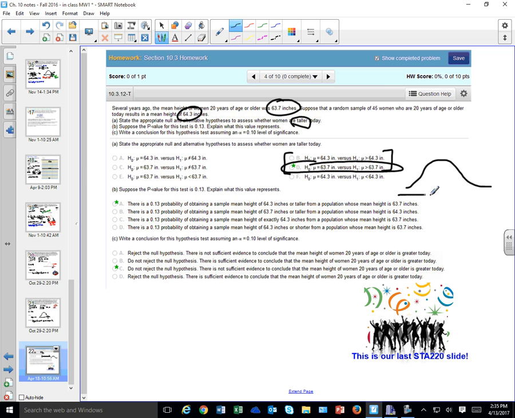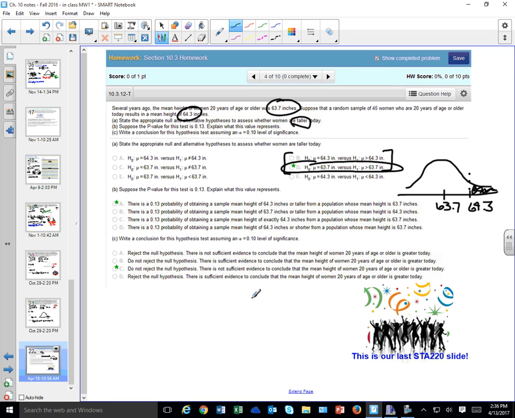So if our distribution is centered at this population mean, 63.7, when we put 64.3 here, so there's our 64.3, the chance of this happening is about 13% of the time.